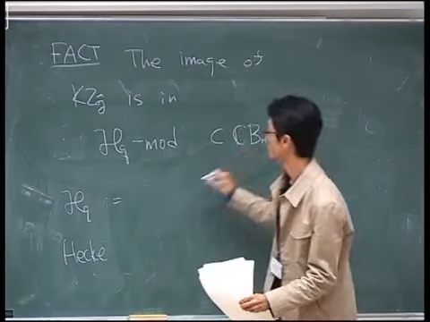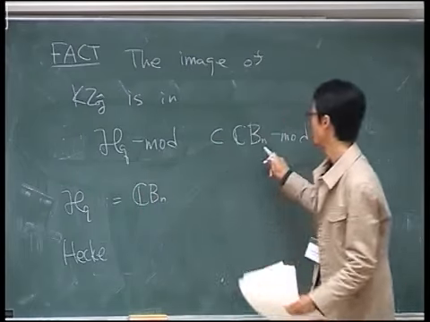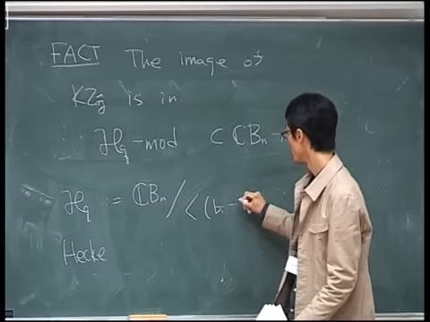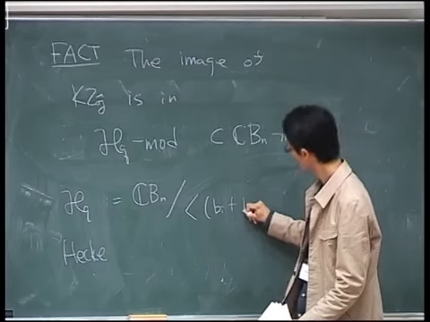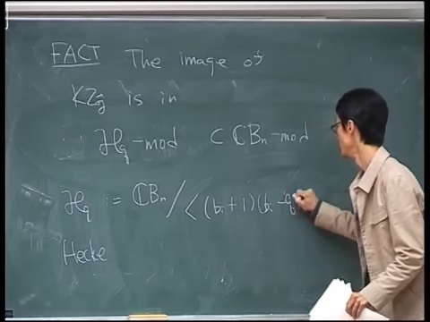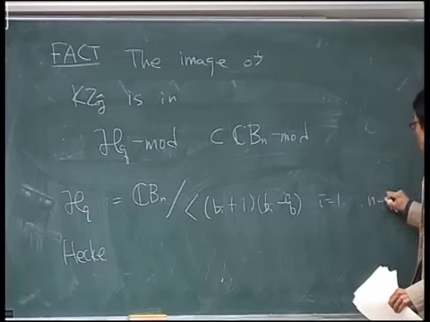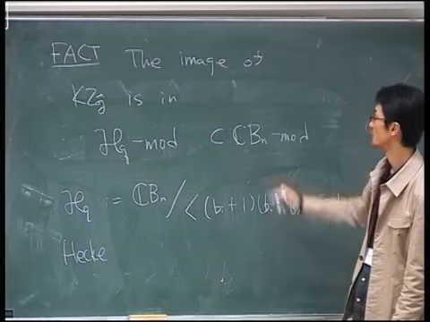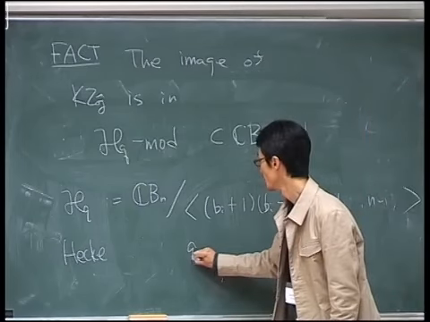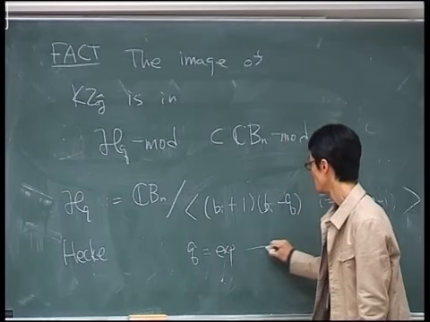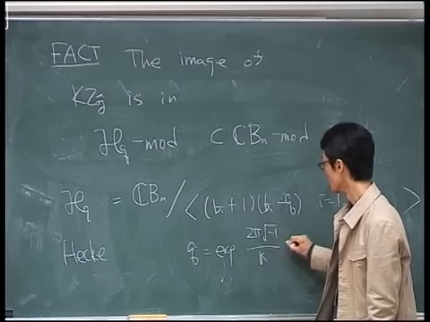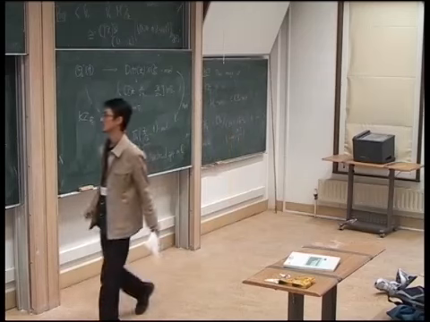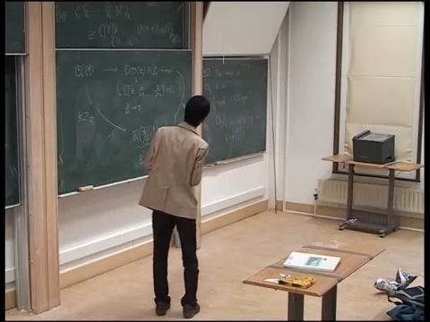So that is a quotient of the group algebra of the braid group by the relations, where B_i is a standard generator of B_n, and q is exponential of kappa 2 pi square root of minus 1. Okay. So in particular, if kappa is a rational number, then you have a root of unity as a parameter.